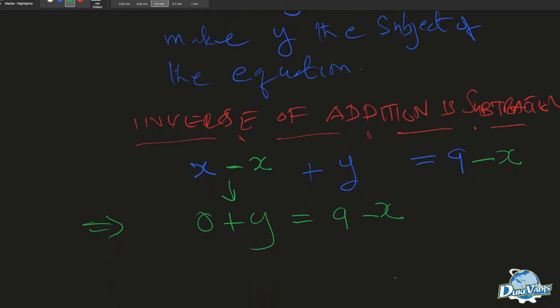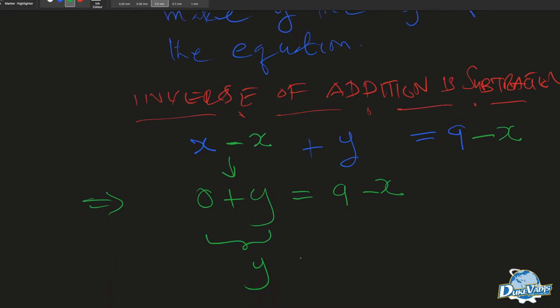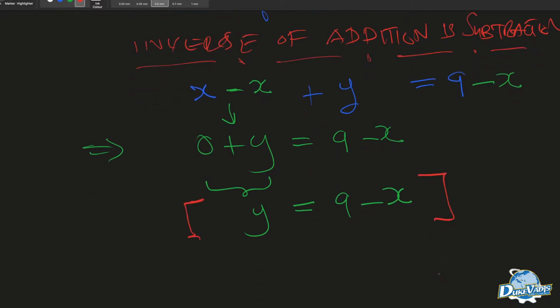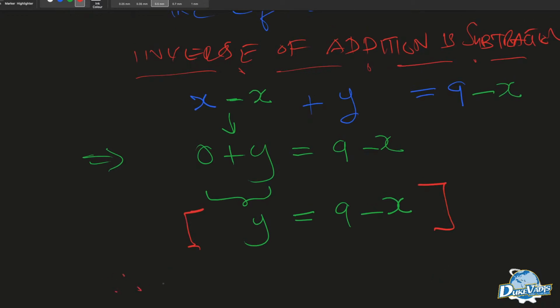And I know that when I add 0 to y, I get y. So y is equal to 9 minus x. This is the change of subject. I've been able to make y the subject.